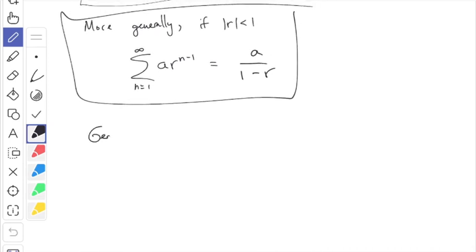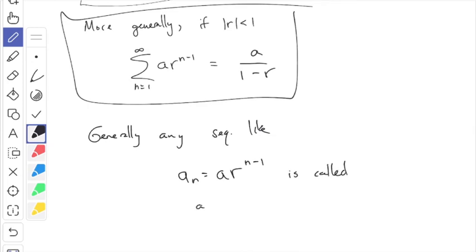So generally, any sequence like this format, a_n equals a times r to the n minus 1, where a is some specific constant, this is called a geometric sequence. I used those words last time.